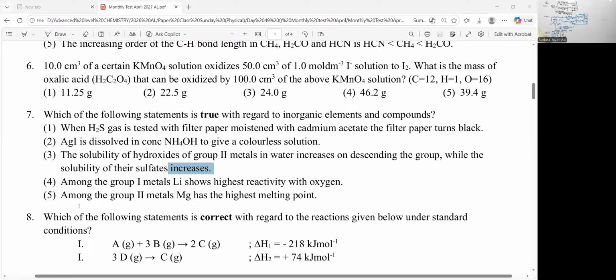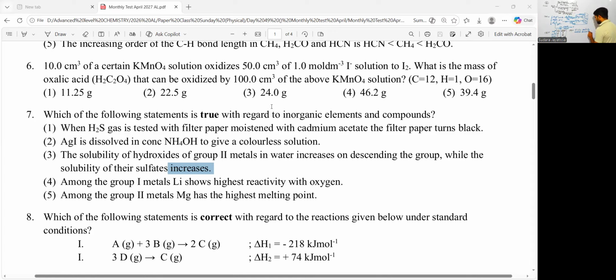Among the group 1 metals, lithium shows highest reactivity with oxygen. That is wrong. You can simply write that in the s block, group 1 and group 2, reactivity increases downward.